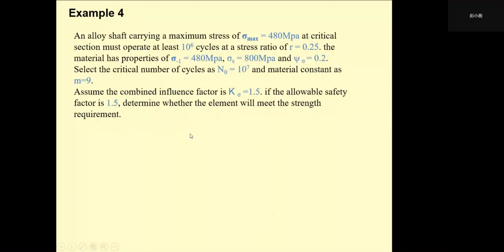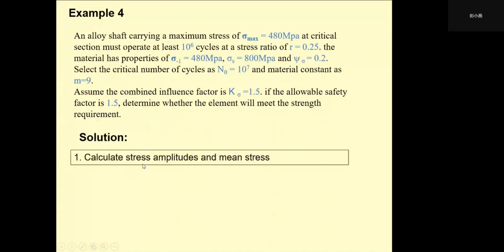So we should calculate the safety factor, and first calculate stress amplitude and mean stress, sigma a and sigma m.